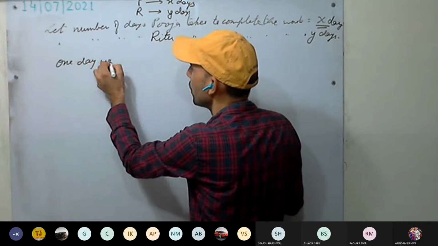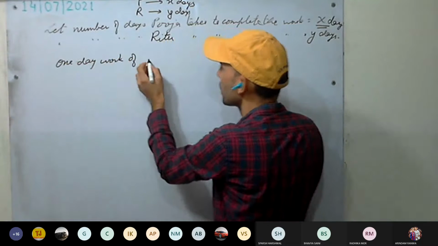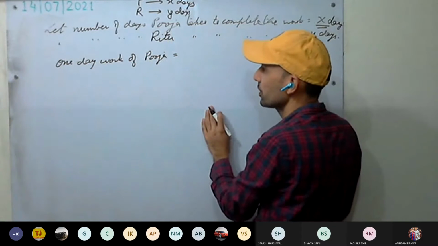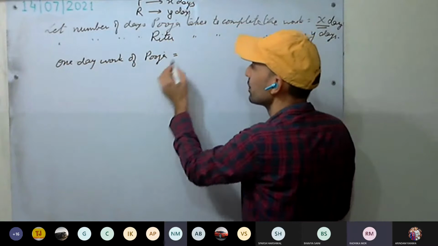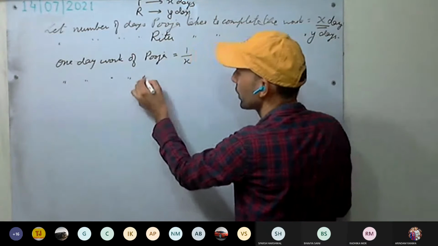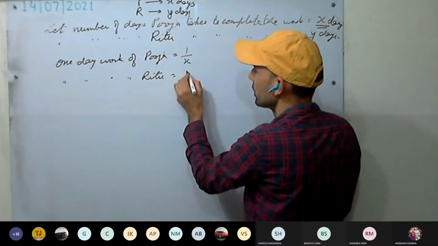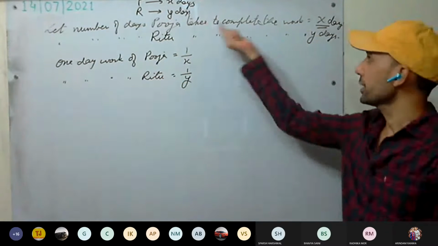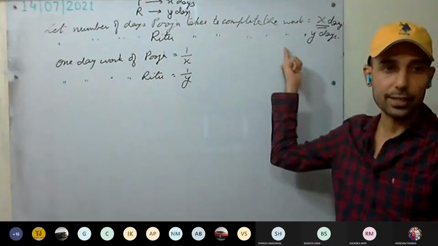Now, 1 day work of Pooja will be how much? 1 by X. 1 day work of Ritu will be how much? 1 by Y. See here, Pooja is taking X days, Ritu is taking Y days.